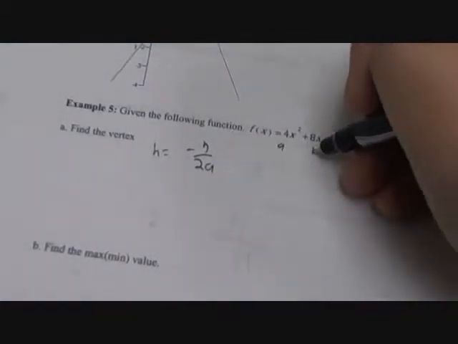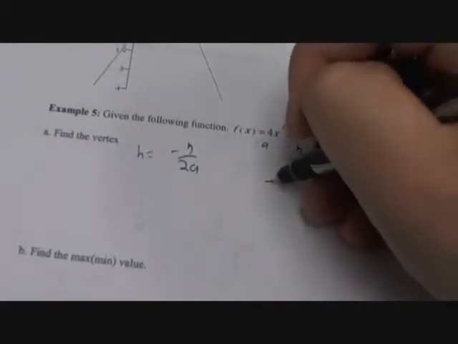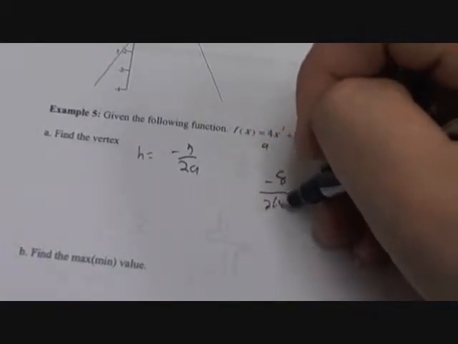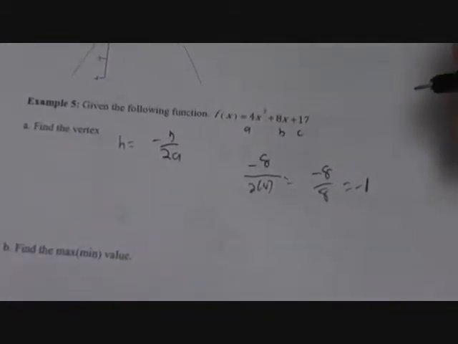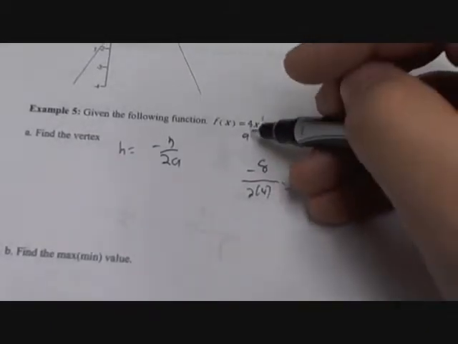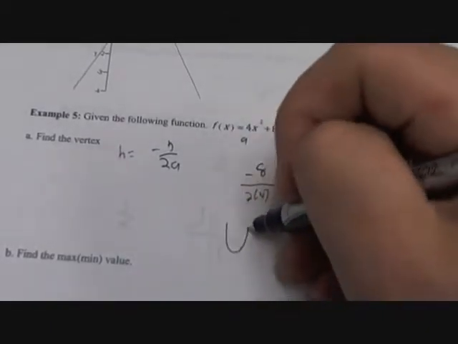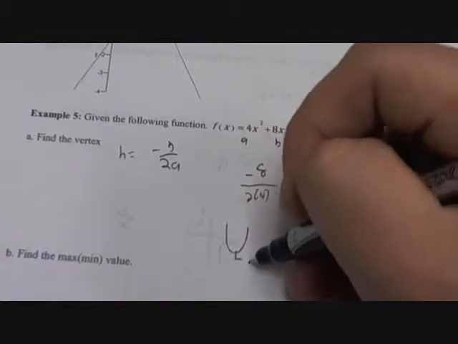Find the vertex. Vertex is given by negative b over 2a, where this is your a, that's your b, and that's your c. So you just plug in. It's negative 8 divided by 2 times 4, which is negative 8 divided by 8, which is negative 1. So this is our vertex. As you see, a is positive, so you know it's going to give you a minimum.